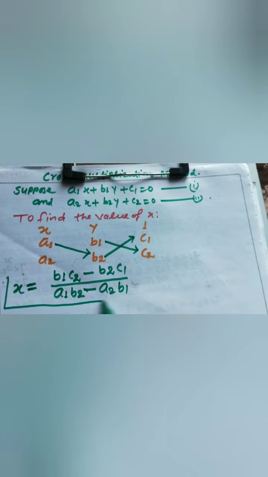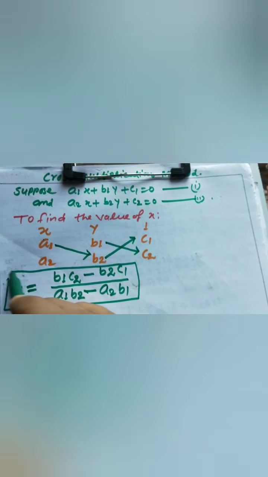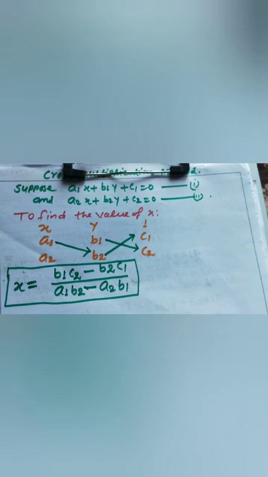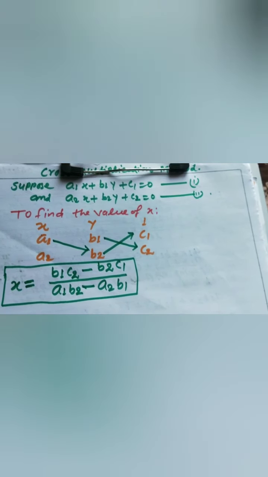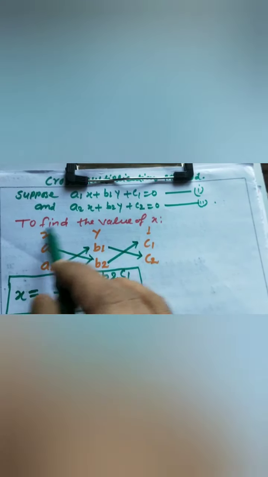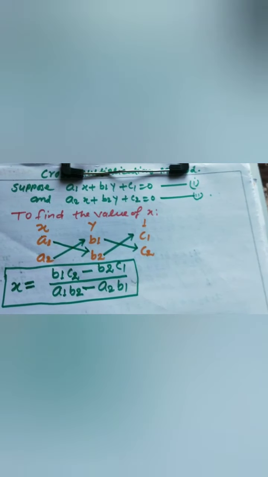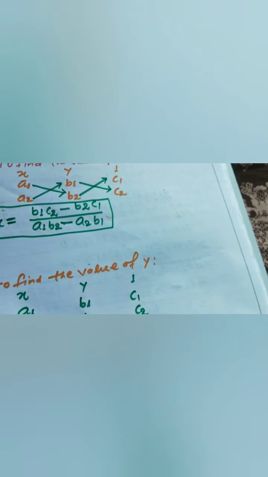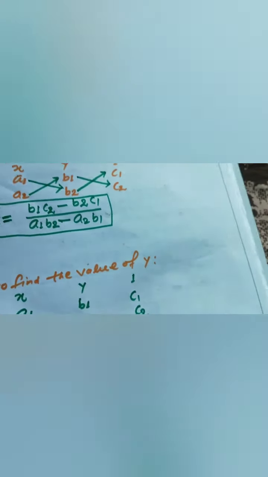So we have just got the value of x by cross multiplication here. This is the easy method to find the value of x. Similarly, you can also find the value of y.